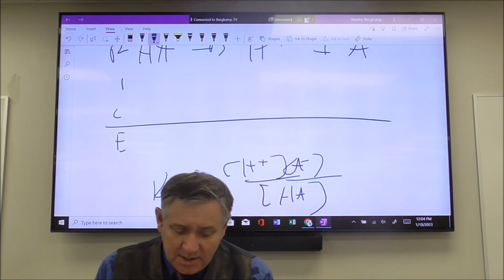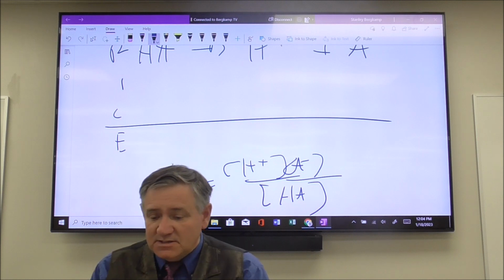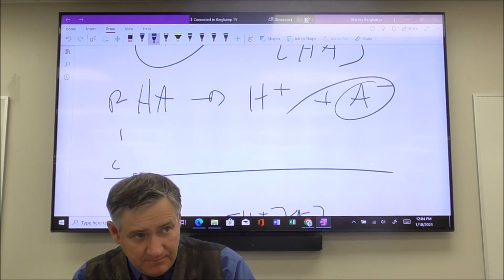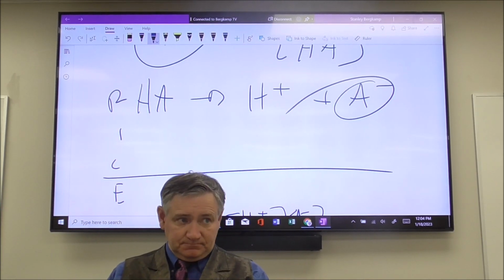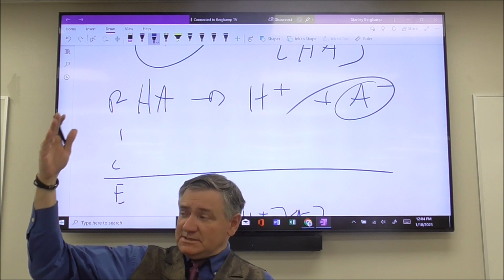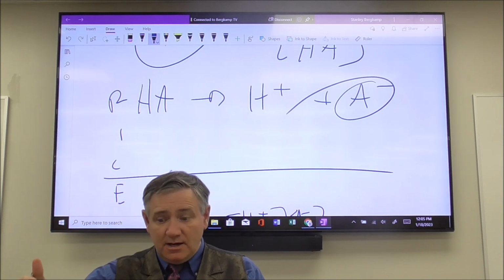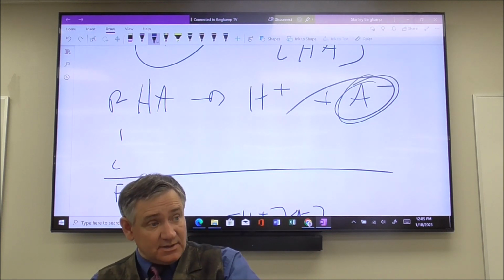What's happening on 20 is that this is what we're going to call a buffered solution. So instead of that anion concentration starting at 0, what we've done is we've overloaded it. We've already put a high concentration of anions in the solution because we put sodium acetate in them.